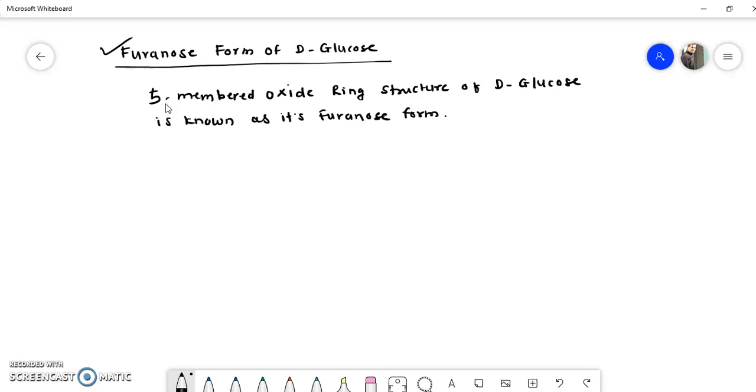So it is very simple to remember. A five-membered oxide ring structure of D-glucose is known as its furanose form.